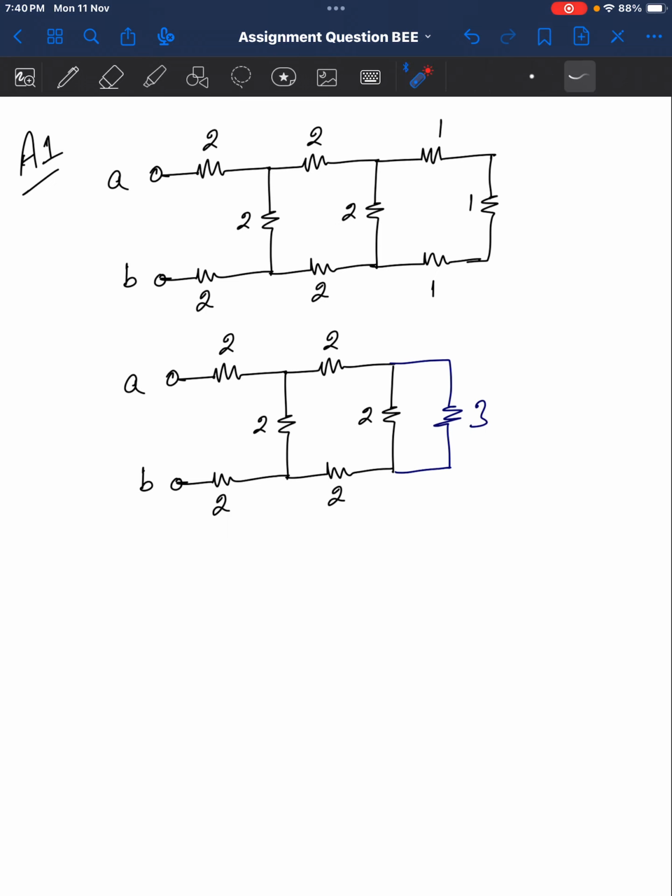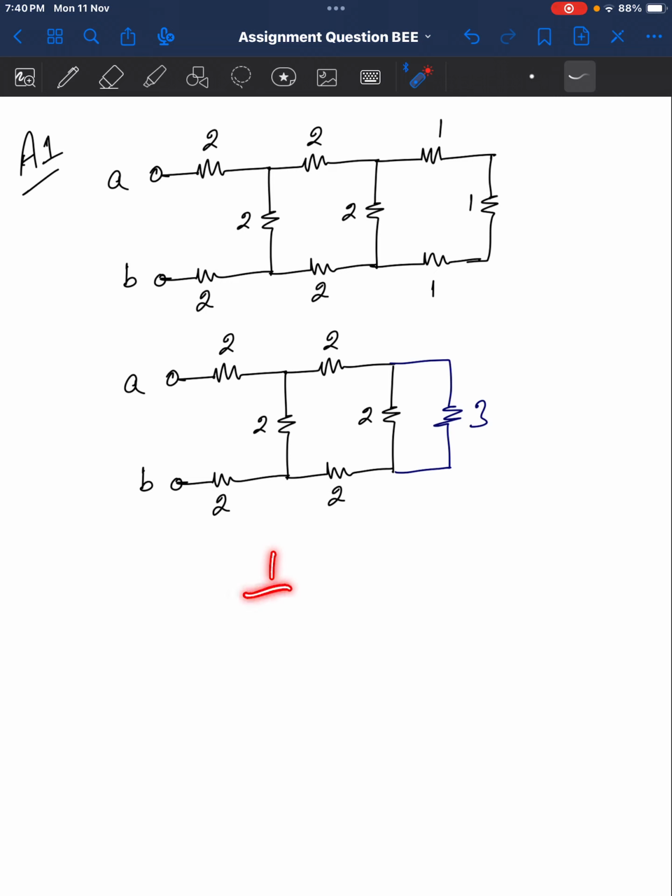Next, if we consider these two, this is one path, another path is like this. So these two are in parallel, because from here the current is distributed. So we can convert these two into a single resistor.